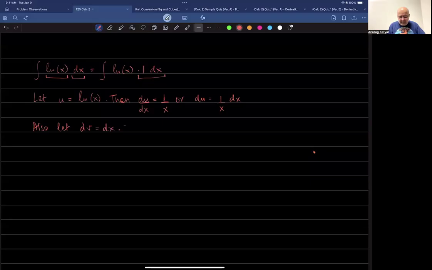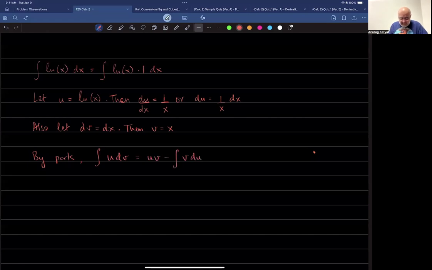And now if we integrate both sides, we're going to get v is equal to x. The integral of dv is v. The integral of dx is x. And now we can say by parts, integral of u dv is equal to u times v minus integral of v du.